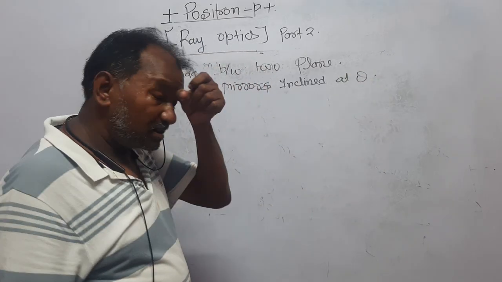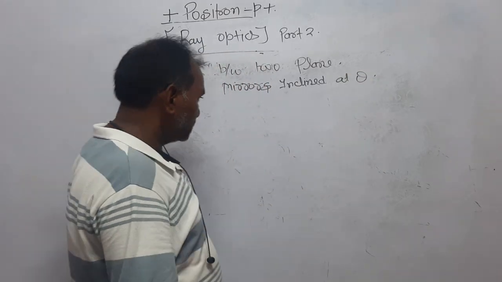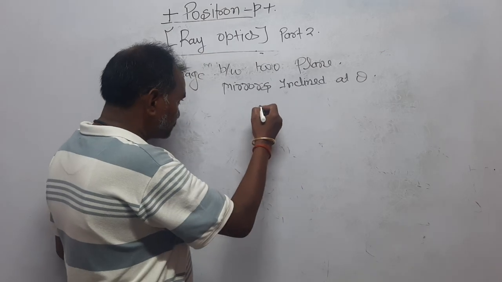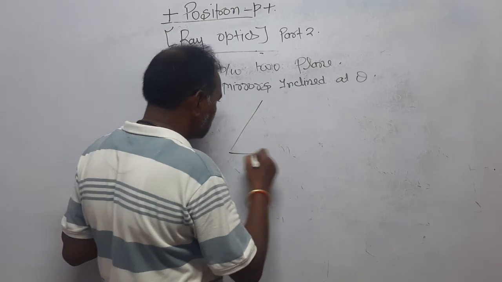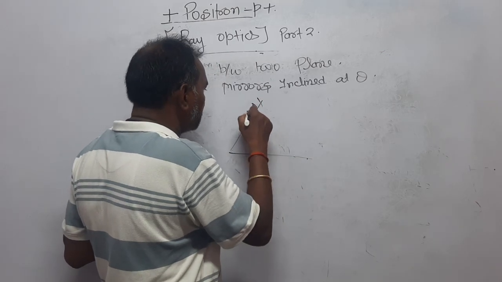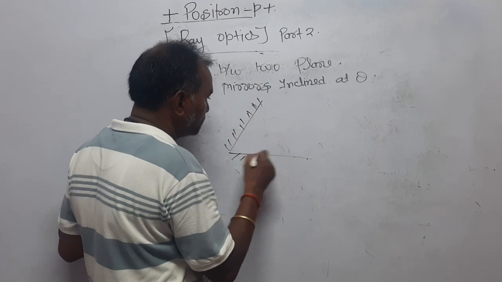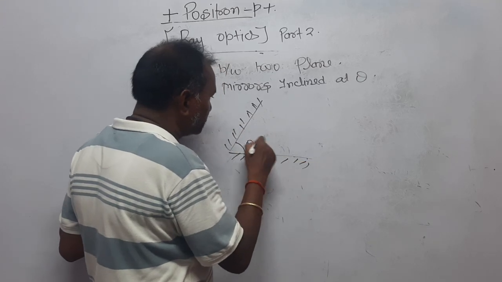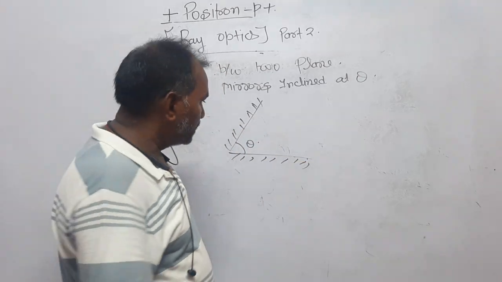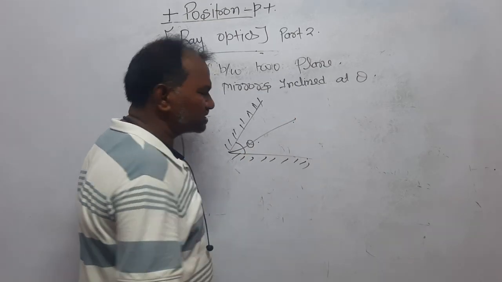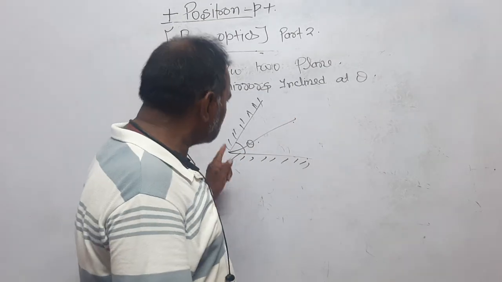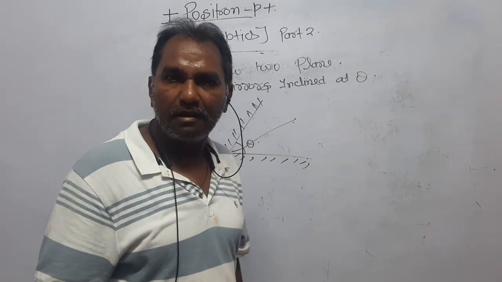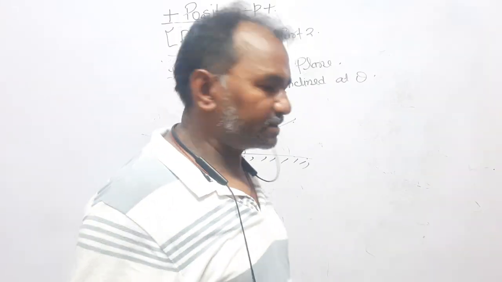How is it? Look here. These are two plane mirrors which are inclined at an angle theta. I am not considering this time symmetrical, right? It means the object does not exist at the angular bisector, right?